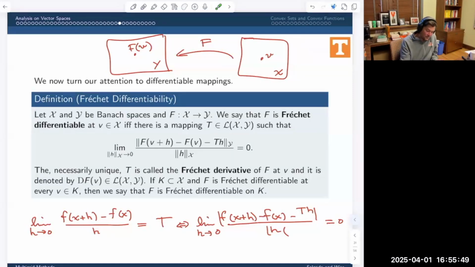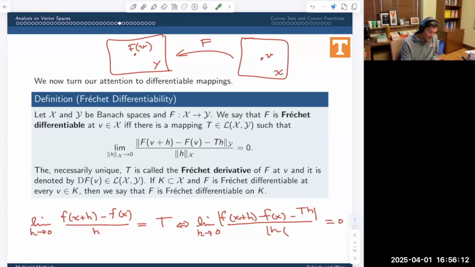All right, so I'm not expecting you to get a geometrical feeling for what is going on with this definition. It's simply a generalization. If this t can be found, so that's actually going to be the derivative in this case, if this linear mapping between x and y can be found, then we say that it's Fréchet differentiable at v.